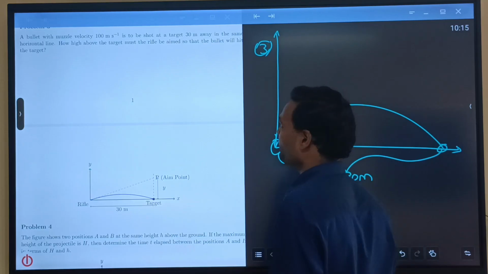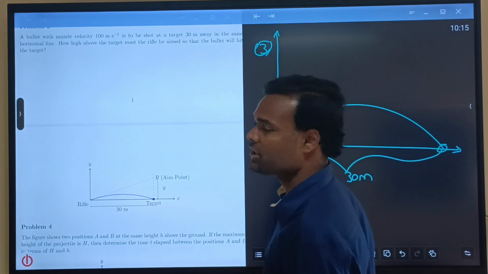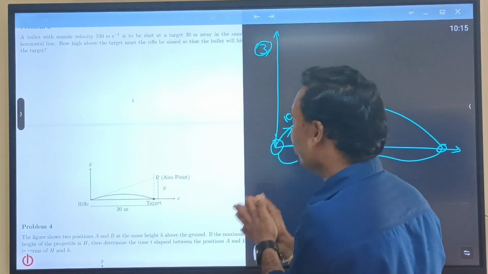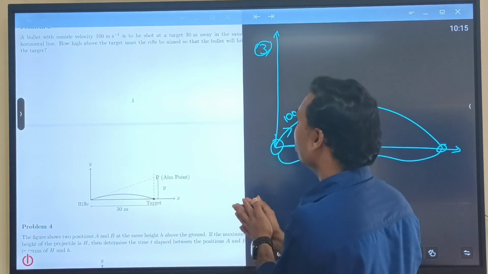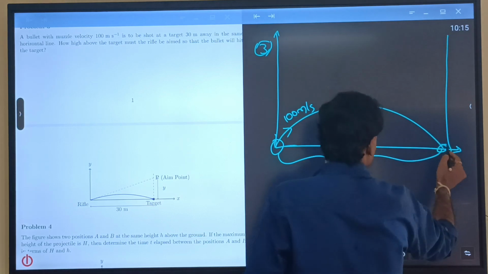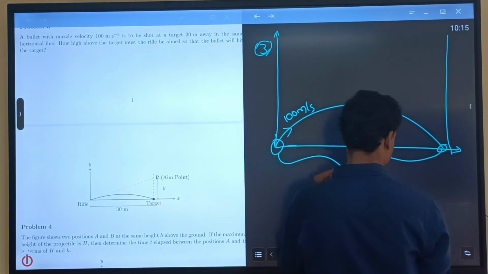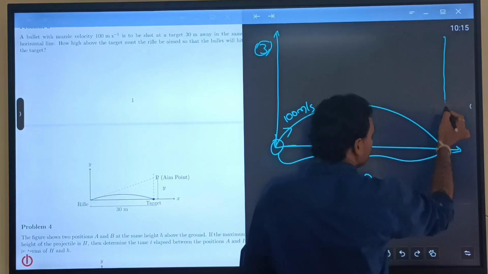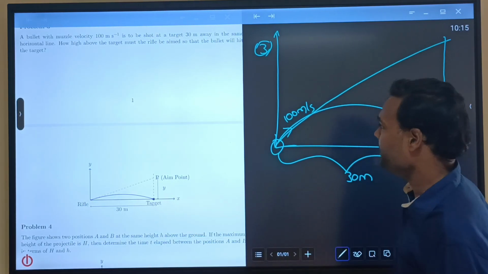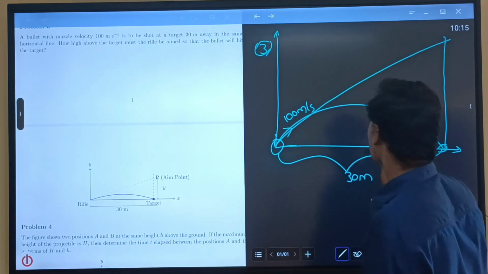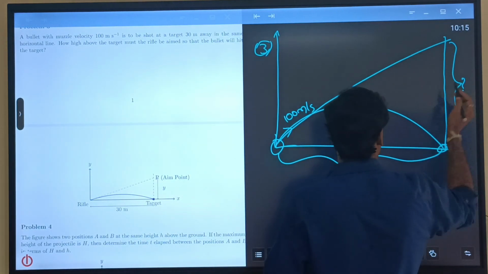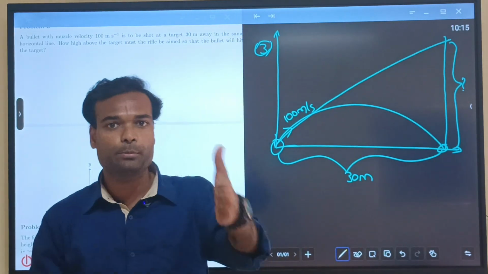It is falling at this point away in the same horizontal line. Now, how high above the target must the rifle be aimed so that the bullet will hit the target? That means here, how high it should be targeting so that this will fall at this location. They are asking how much will be the height value at which the rifle has to be placed.